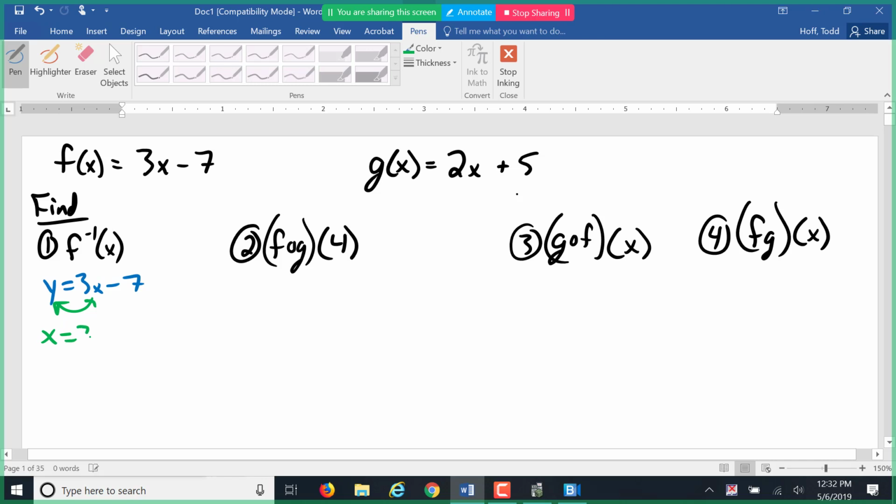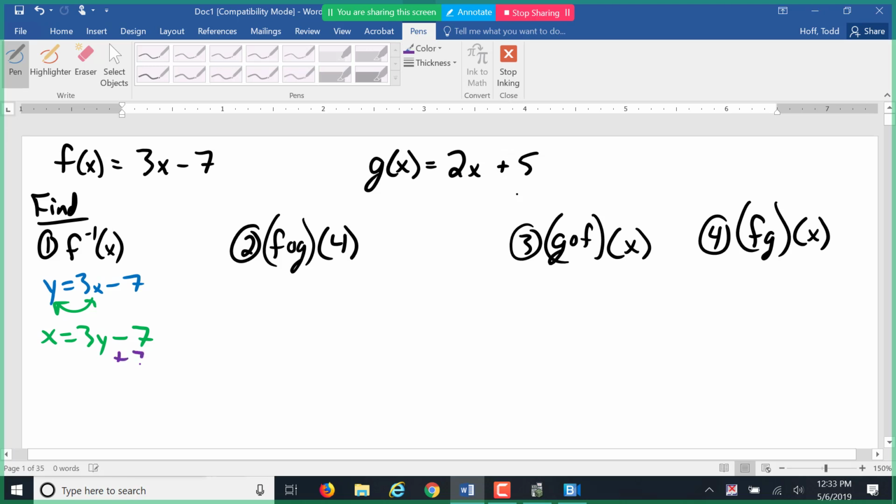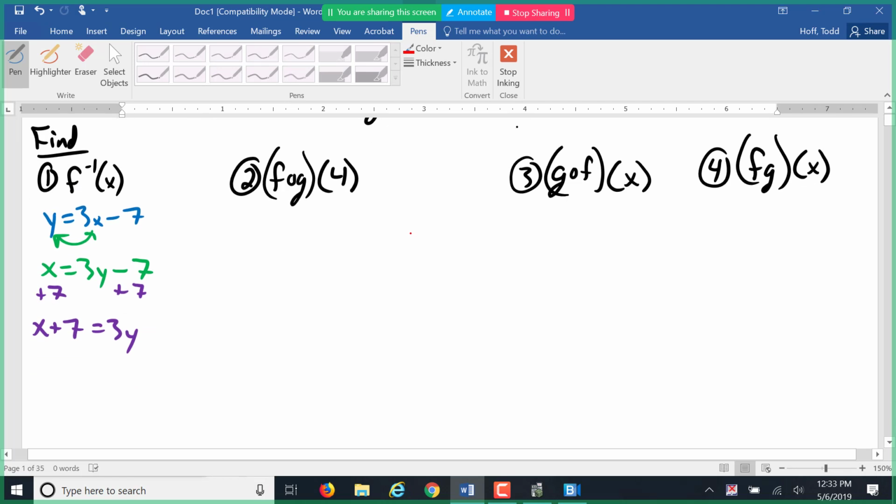So x equals 3y minus 7. And now we're going to solve it for y. So we'll add 7. X plus 7 equals 3y. And we'll divide by 3.